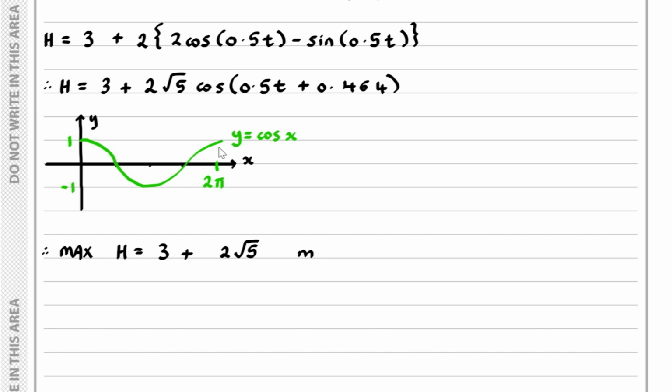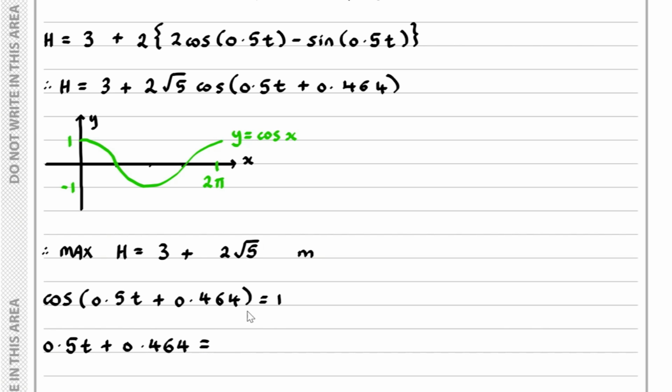What we need to do is recognize that the maximum would occur when the cosine of 0.5t plus 0.464 is equal to 1. And with the graph, we've got 0.5t plus 0.464 equals 2 pi.